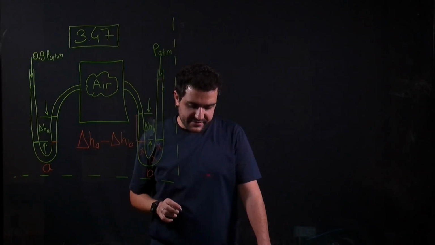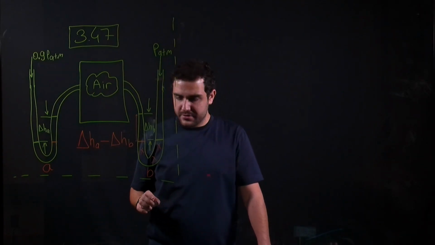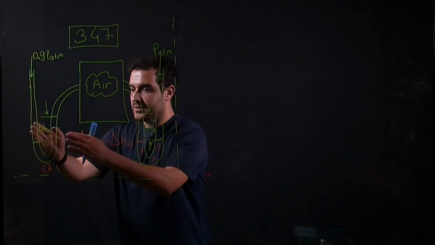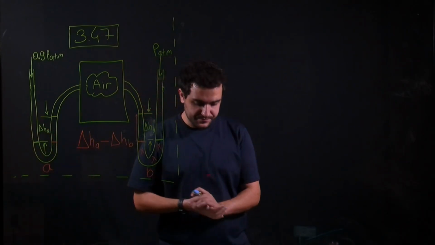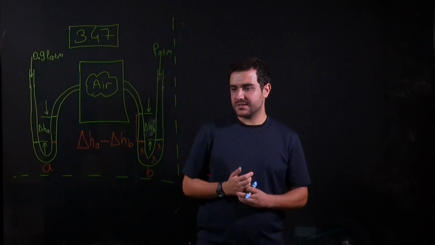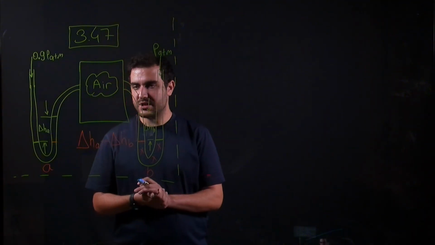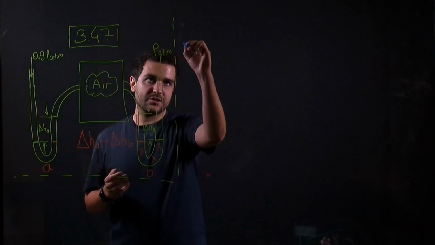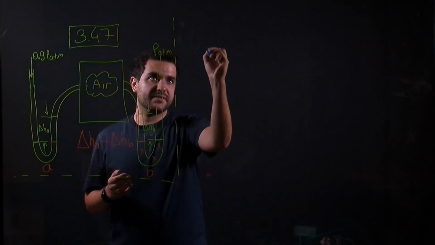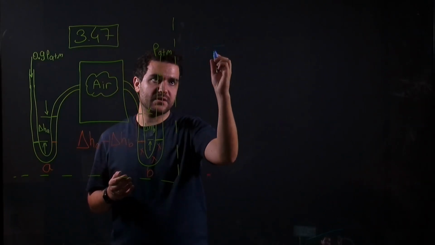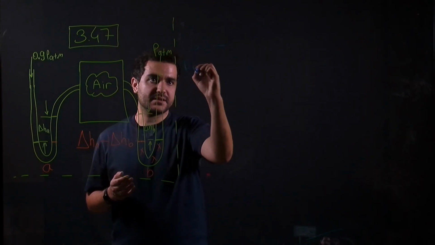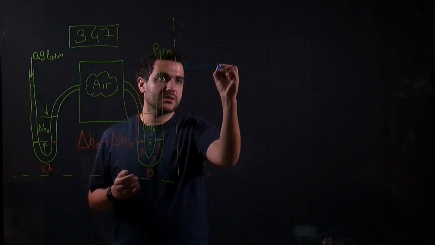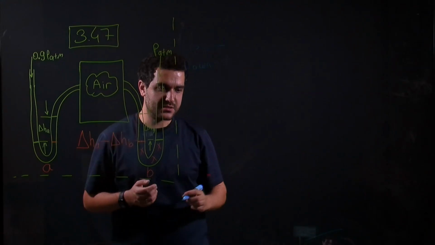We need to find the difference in deflection between both manometers, or delta HA minus delta HB. So as we did in the previous question, we just need to write this calculation: if you are going up, we will get minus, and if it is down, we will get positive pressure value.